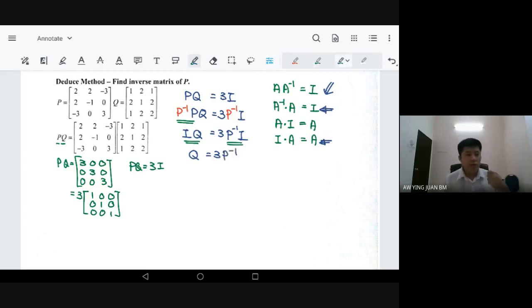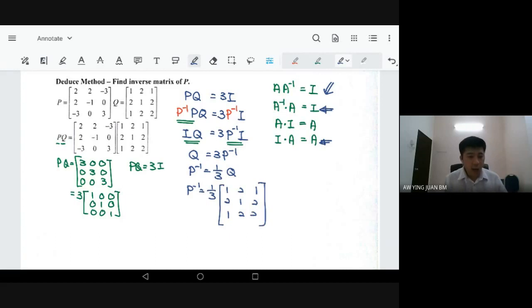The question asks us to find the P inverse. Here, the P inverse is equal to 1 over 3 multiplied with the matrix Q. That is what we call the deduce method. So kindly substitute Q into the situation. P inverse is equal to 1 over 3 times matrix Q, which is 1, 2, 1, 2, 1, 2, 1, 2, 2.